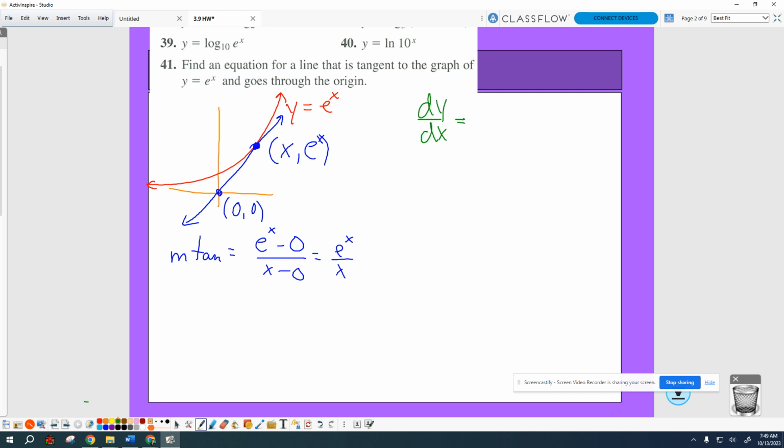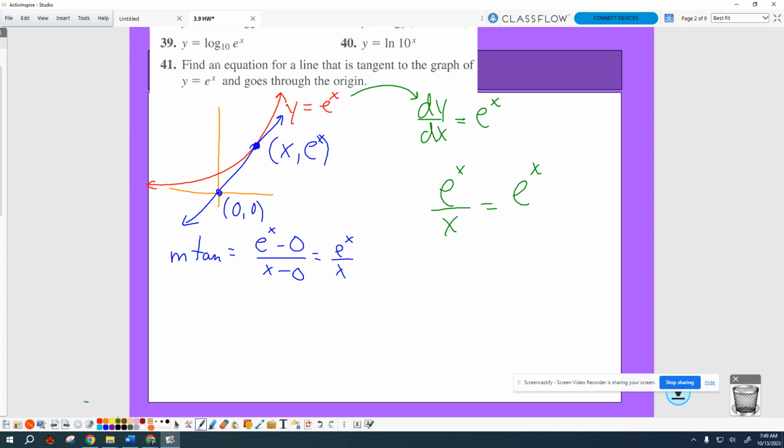So the slope of the blue line and the immediate tangent at the red curve need to be equal. So the slope of the curve is this guy. The slope of the straight line is that guy. And at this coordinate, these slopes need to be equal. So e to the x over x has to equal e to the x.